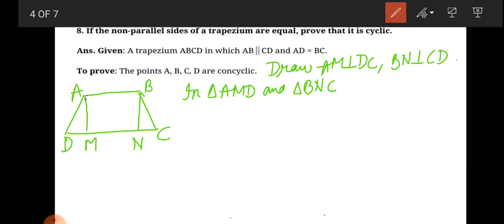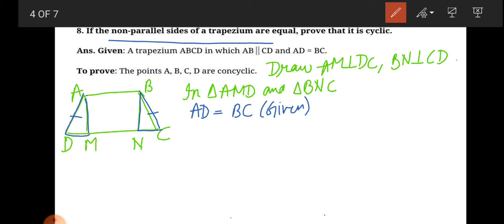In triangle AMD and triangle BNC, AD is equal to BC. This is given, as the non-parallel sides of a trapezium are equal.